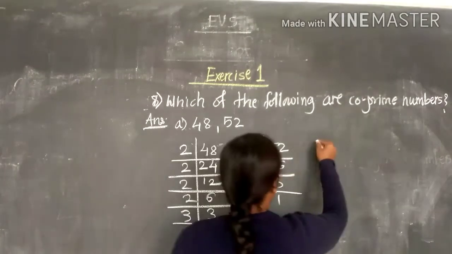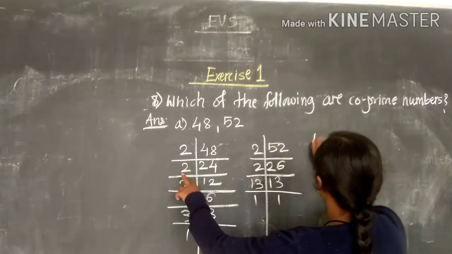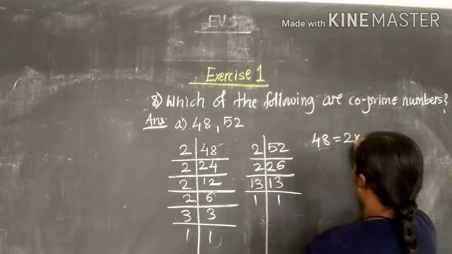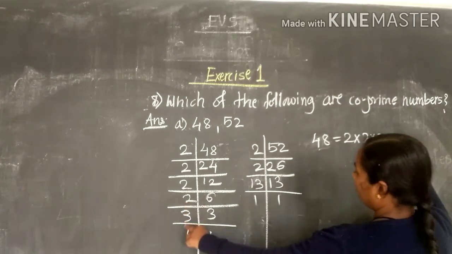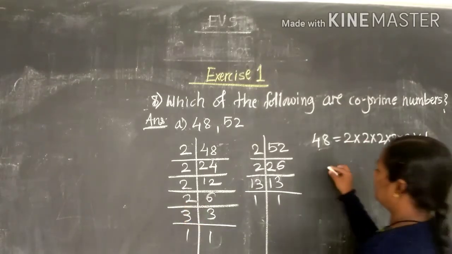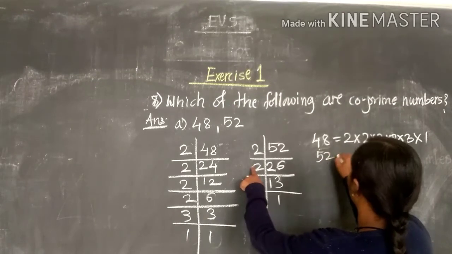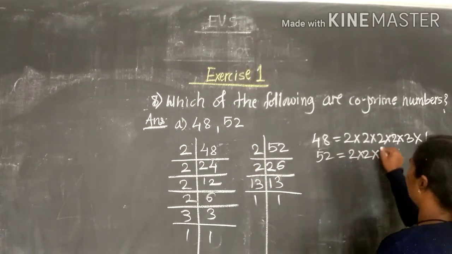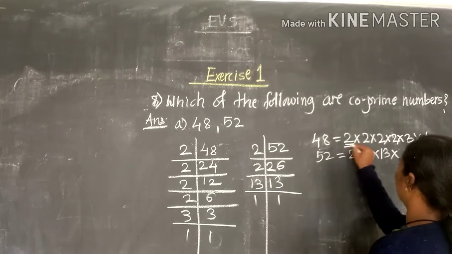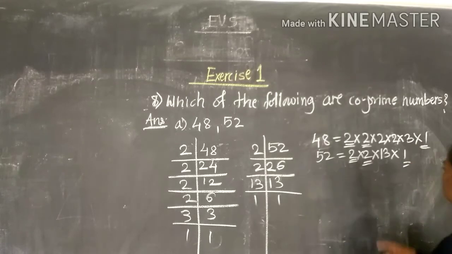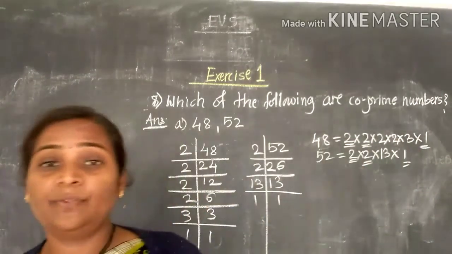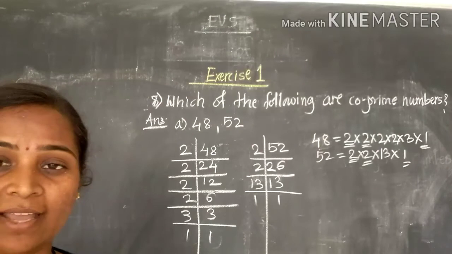For 48, 2 into 2 into 2 into 2 into 3 into 1. For 52, 2 into 2 into 13 into 1. So 2, 2 and 1 are common, so there are 3 common factors. We want only 1 common factor for co-prime numbers. By that we can say it is not a co-prime pair.